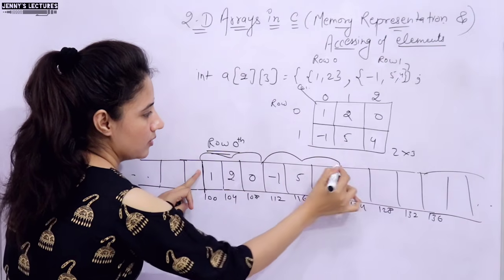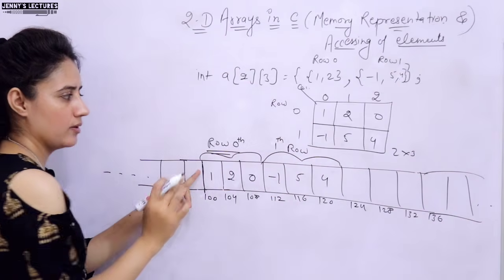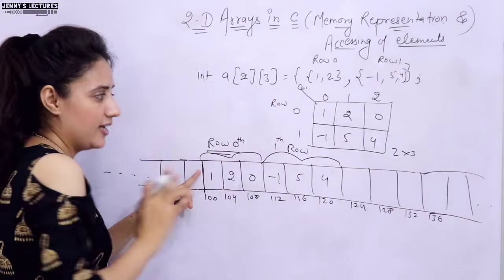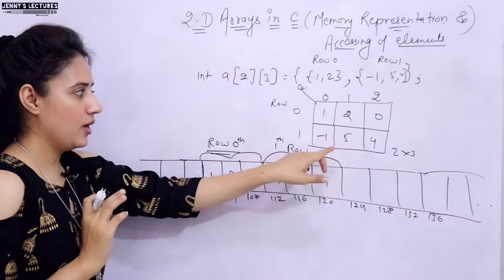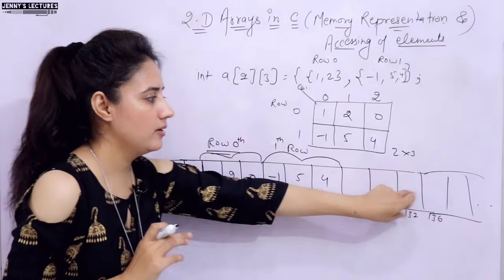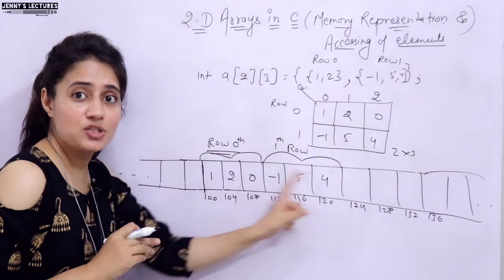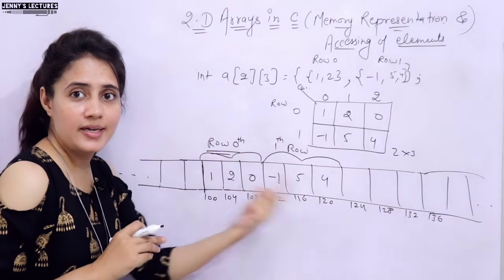This is our row with index 1, or you can say this is first row, this is second row, right. So this is how data is to be stored in computer memory, not like this. If you have any third row, then here third row. It means, as you can see, data is to be stored in contiguous memory location, because I have told you in 1D array also, in arrays data is to be stored in contiguous memory location.